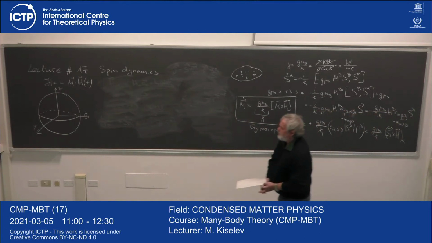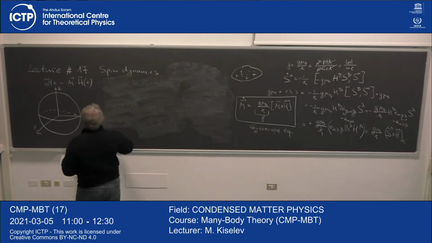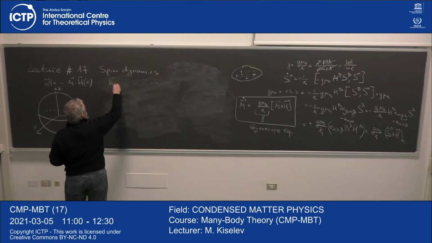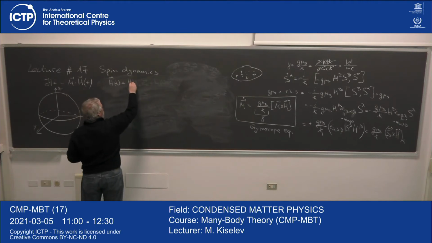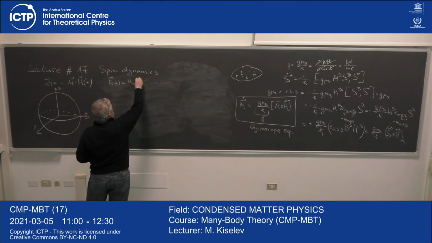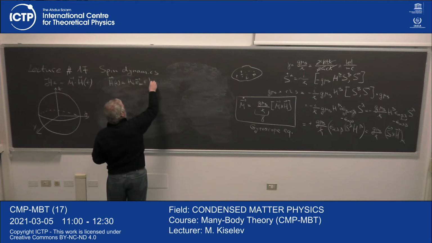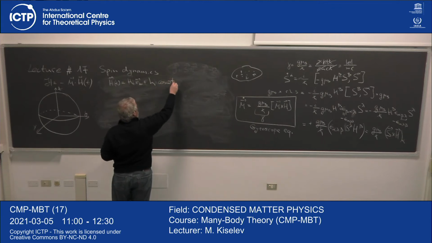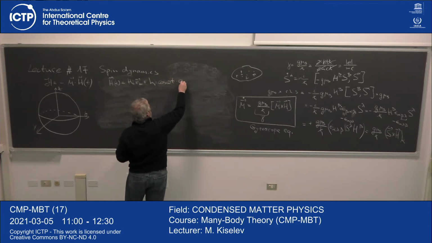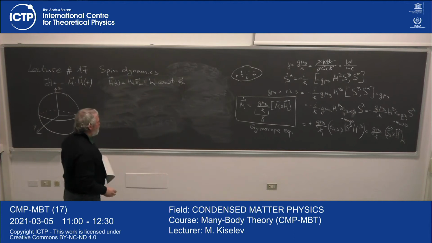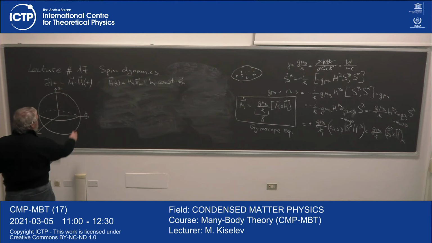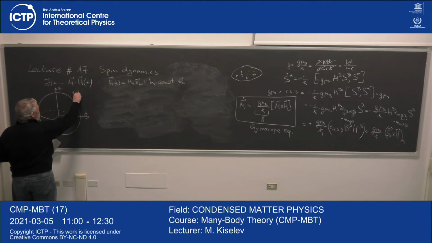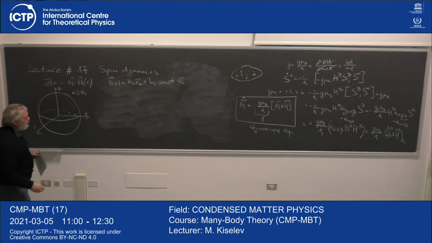So let's consider the problem when the magnetic field H(t) is equal to H naught e_z plus constant H1 times cosine omega t times e_x. So this is the problem I'm going to solve. So this is the axis which is parallel to H naught.